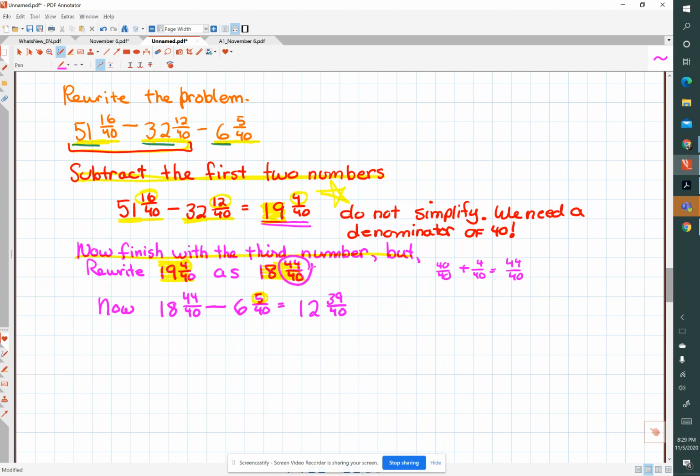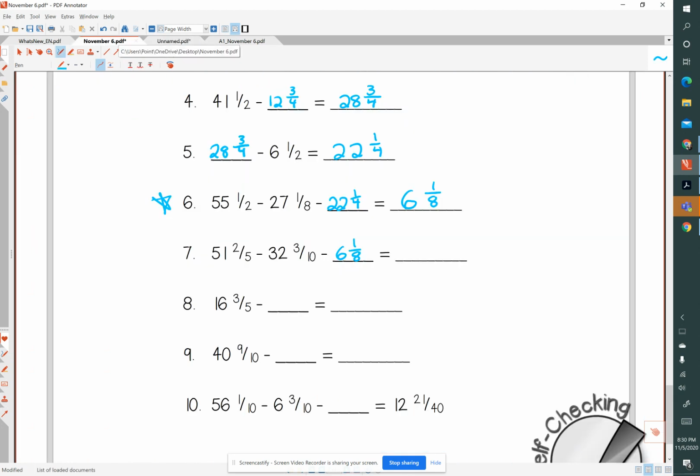Now we rewrite that. So we have 18 44/40 minus 6 5/40. 18 minus 6 is 12. 44 minus 5 is 39. And that is a fully simplified answer, 12 39/40.